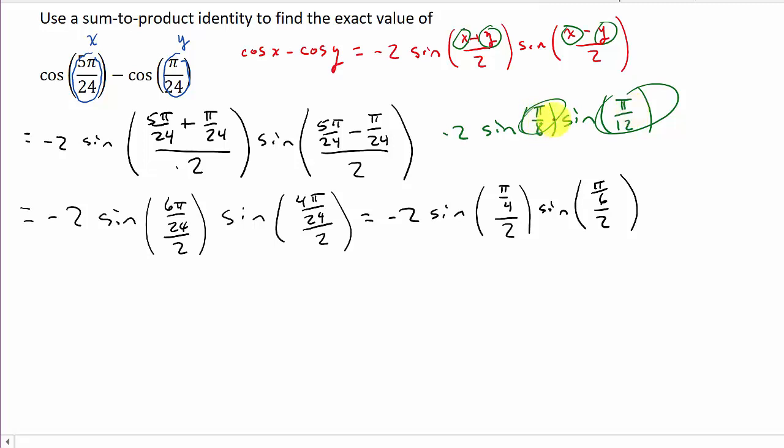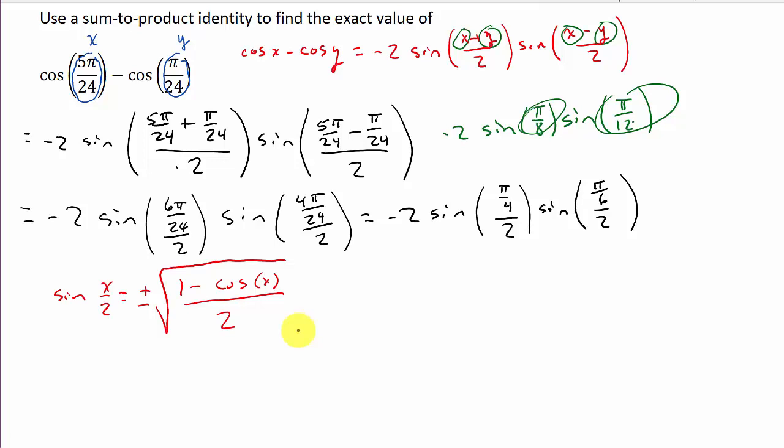Instead of writing it like this, we've got sine of x over 2 equals plus or minus the square root of (1 minus cosine x) over 2. If you remember your half angle identities, that's what we're going to have to use.